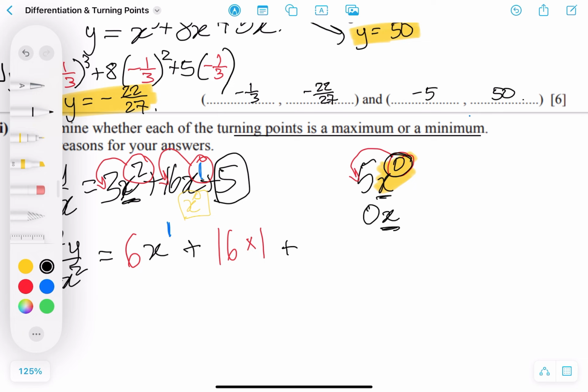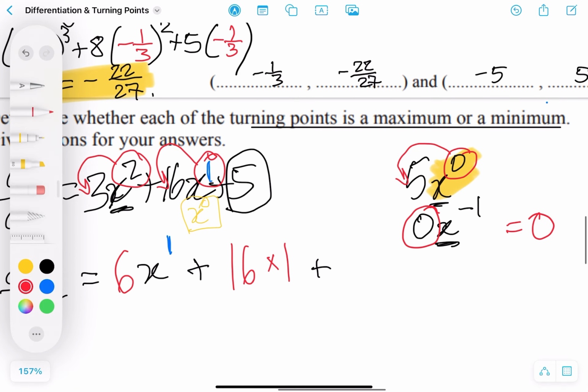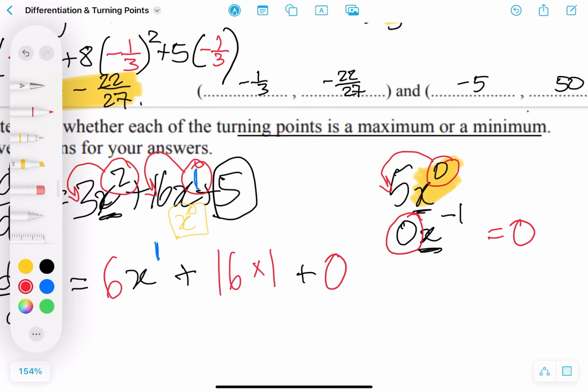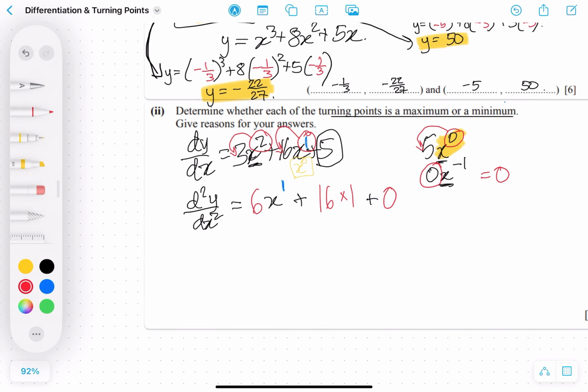And then reduce the power by 1. So 0x to the power of negative 1. But we know that anything multiplied by 0 is just 0. So therefore, it just becomes plus 0. And we don't have to worry about that as part of the final second derivative.